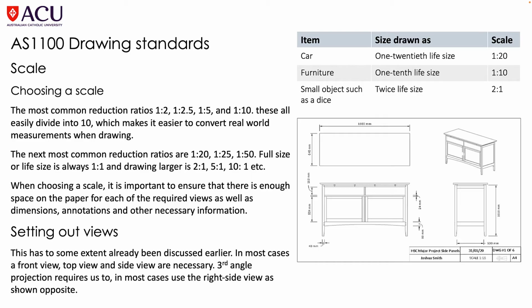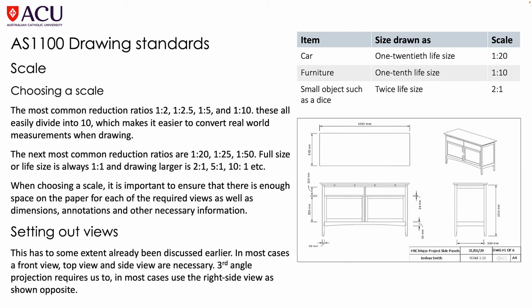Now, when you're choosing a scale, it's important to ensure that there is enough space on the paper for each of the required views, as well as dimensions, annotations, and other necessary information. You can see, looking at this image here on the right of a working drawing, that particular student has chosen a scale of 1:15.